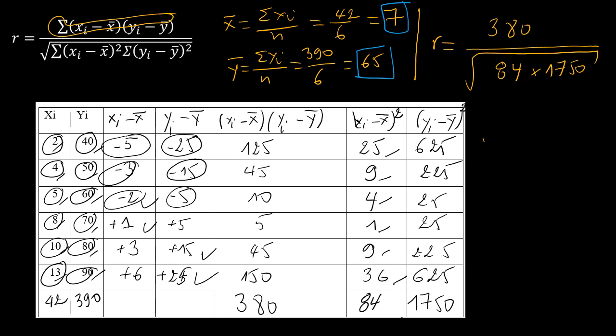So here we get R is equal to 0.991. So we can say here that there is a strong positive correlation between the two variables x and y, between the hours studied by the students and the exam scores.